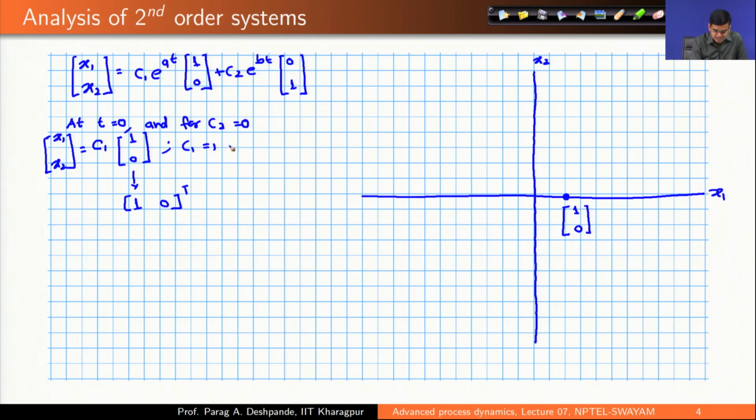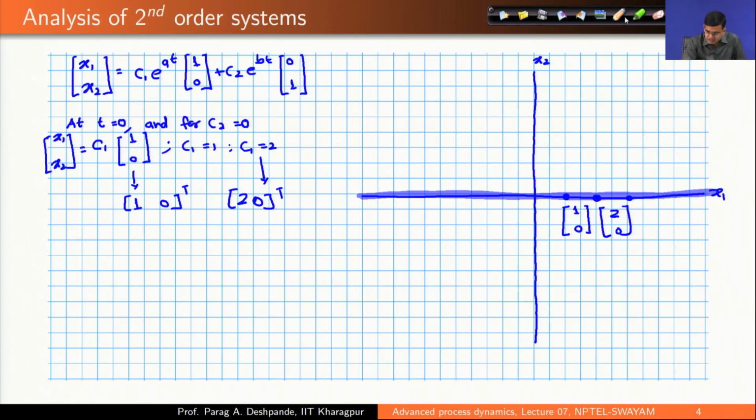But now I can set C 1 as 2, which will give me 2 0 as a solution, and I can go on, and this will give me this entire line as the solution line. So, this entire axis is in fact a solution to my system of equations.